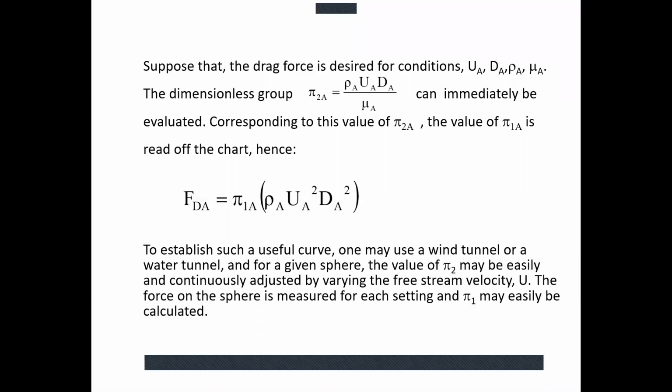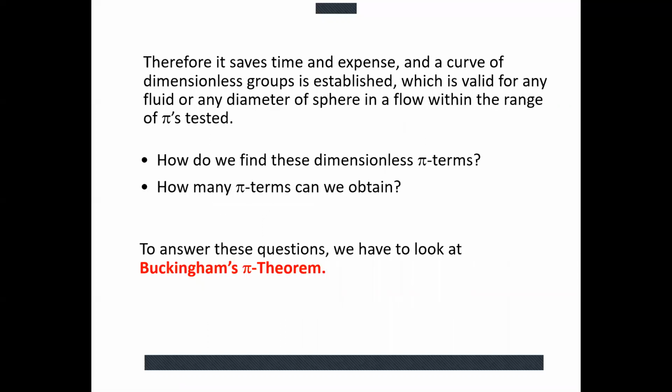That is how we can run our experiments in less time, and surely cheaper than the previous sets. Therefore, it saves time and expense, and a curve of dimensionless groups is established, which is valid for any fluid or any diameter of sphere in a flow within the range of pi's tested.